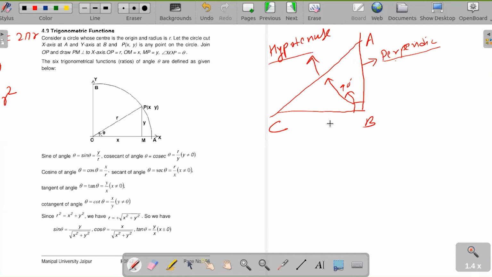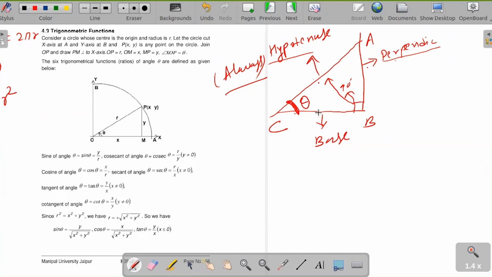And the one that is lying along that horizontal line is known as base. But all these three are set with respect to this angle only. Let's say this angle is theta, then for this angle this will be perpendicular. Hypotenuse is fixed always, and how we identify? Just opposite of 90 degree.